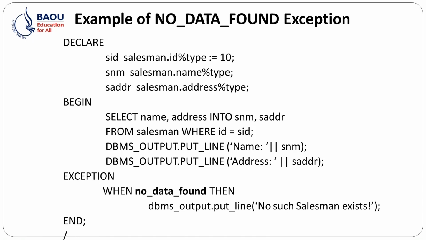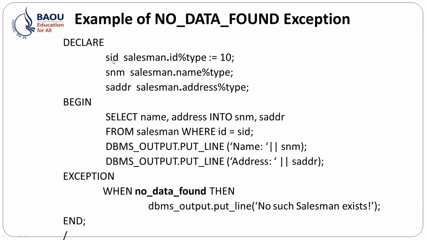See, in this example, SID, SName and SAddress are user-defined variables. Here SID is salesman.id. Salesman is the table name, ID is the column name. In the salesman table, the ID column with %TYPE means the ID column's data type and size are assigned to SID.